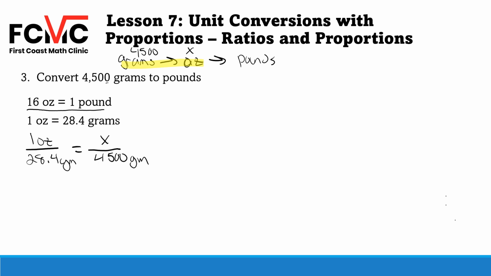So let's cross multiply. Bring down the equal sign. Cross multiply. 4,500 grams times 1 ounce equals X times 28.4 grams.